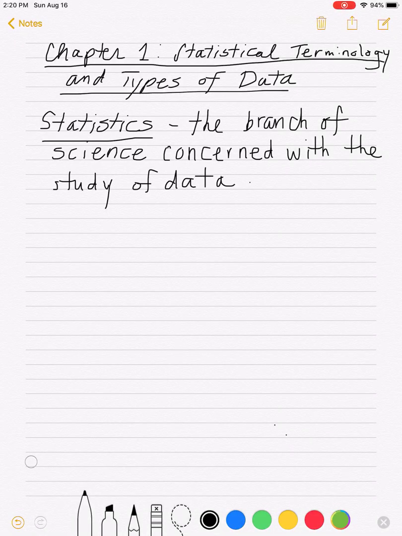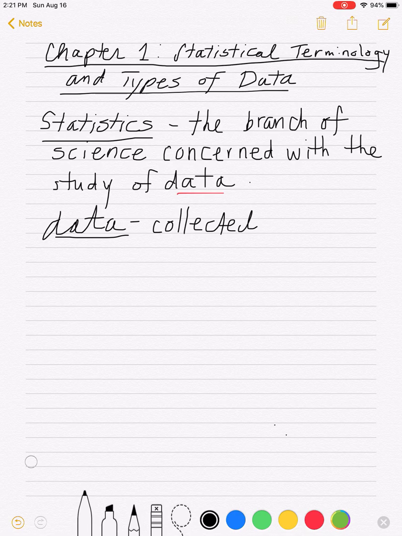So you hear that word data. Data is just information, basically. Collected information. So when you have some raw data collected, it's not very useful. So what you often want to do is organize your data and analyze your data and make it useful. So there are two branches of statistics.